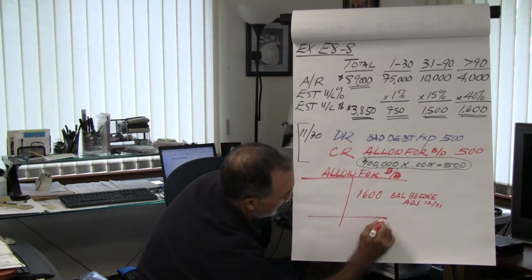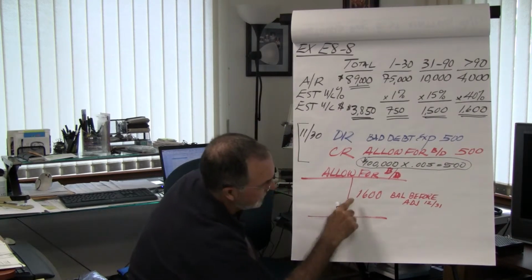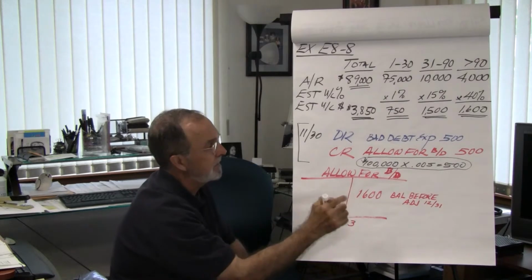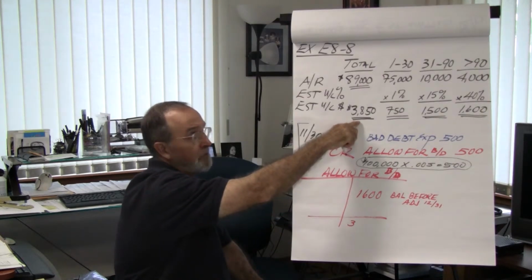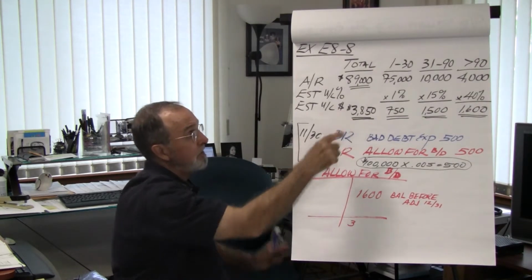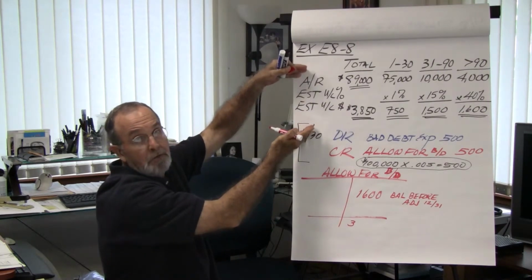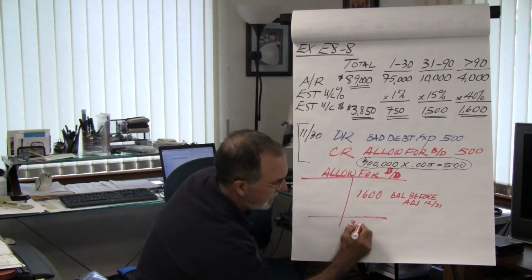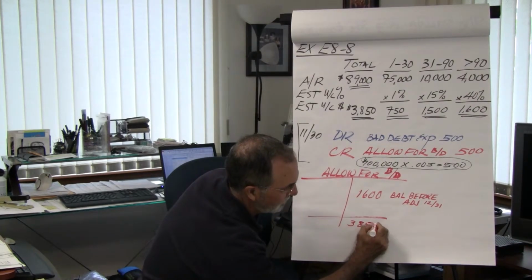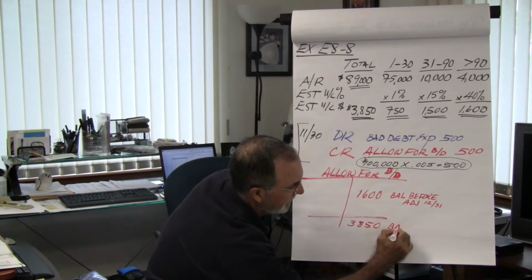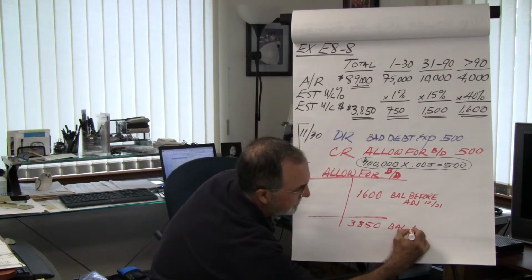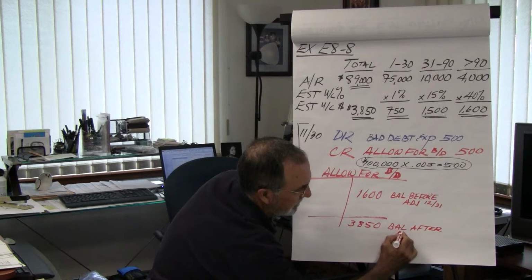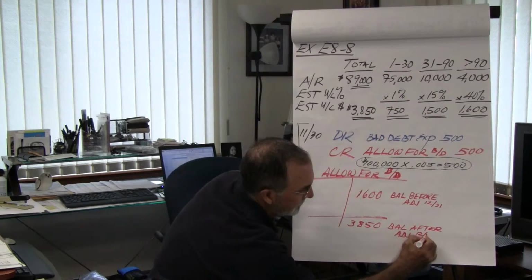So our existing balance before adjustment is $1,600 credit, and the balance that we need to have based on our analysis of our aging of accounts receivable is $3,850. And we can call that balance after adjustment at 12/31.